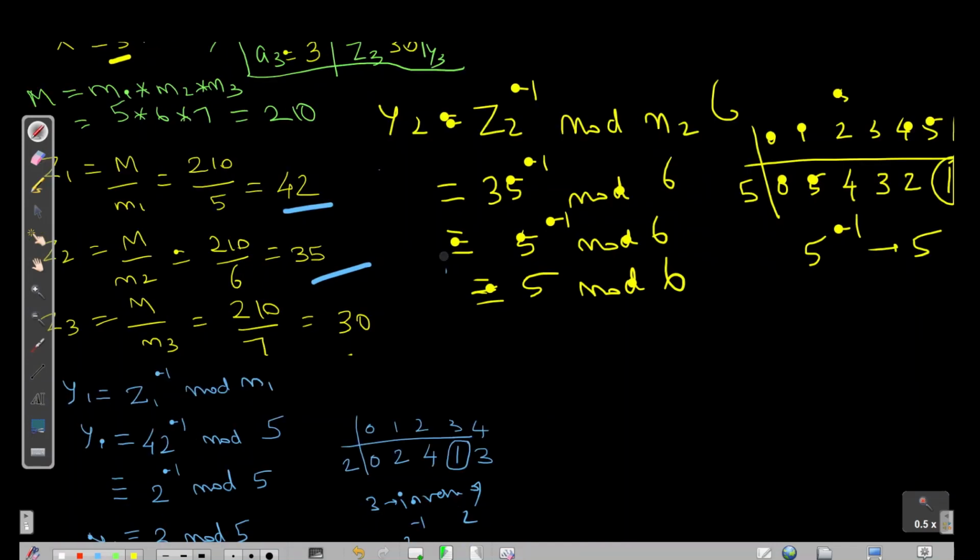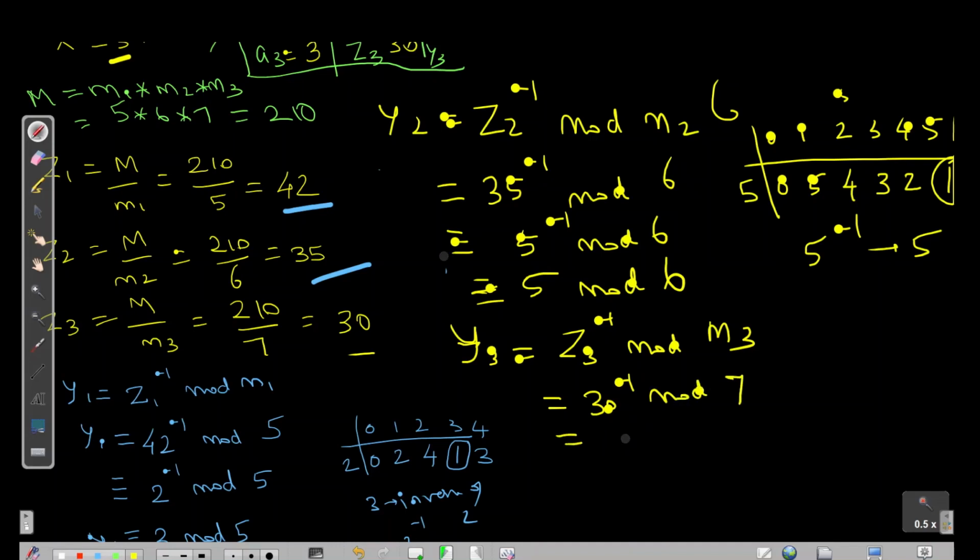Now I'm going to find y3. We have Z3 is 30. So y3 equals Z3 inverse mod M3, where Z3 is 30. So 30 inverse mod 7. 30 mod 7 is 2, since 7 fours are 28.